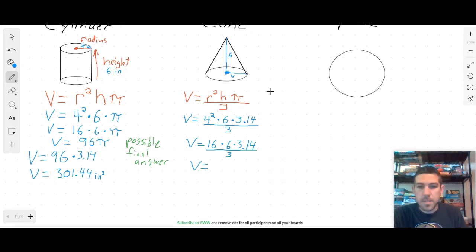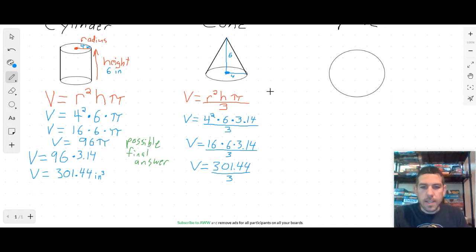Let's keep going. 16 times 6 times 3.14, that's going to give you an answer of 301.44, which we already knew from earlier. But now the last step is divide by 3, because a cone is 1/3 of a cylinder.